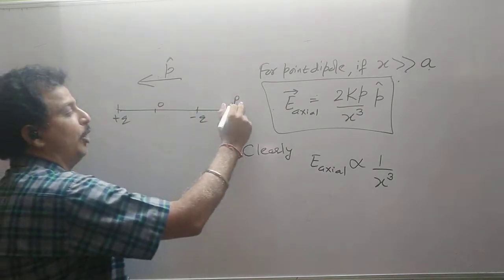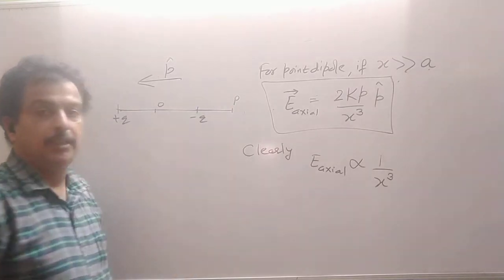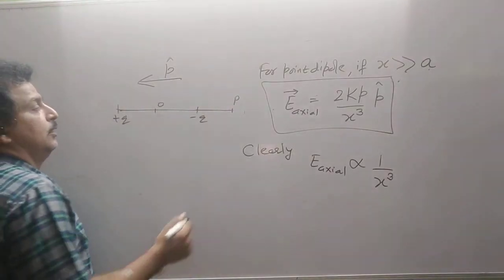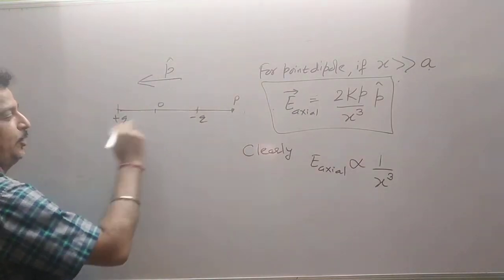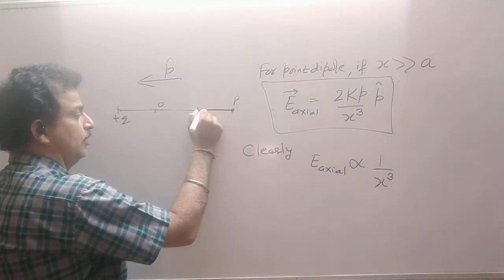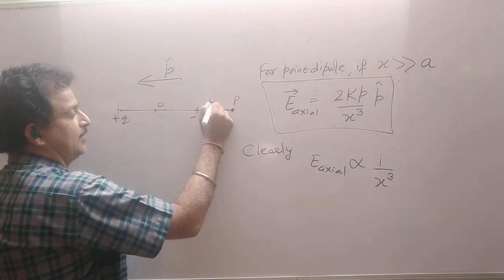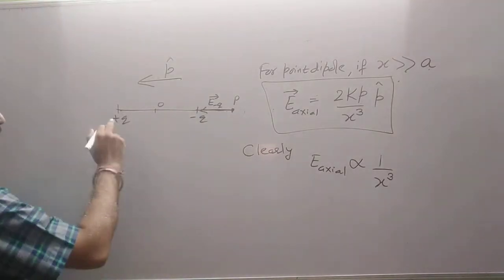Now I am taking a point P on this side, outside the negative charge. So I place a test charge here. The dipole moment is from negative to positive charge. There will be a force of attraction, so I label this as E minus Q as we labeled earlier. There will be a repulsion.